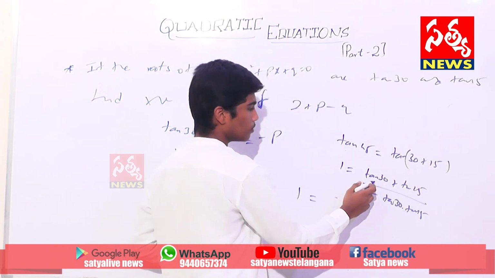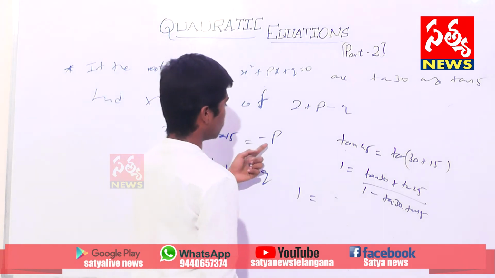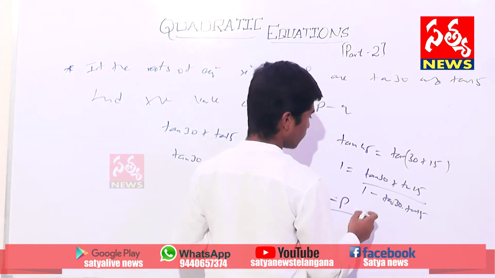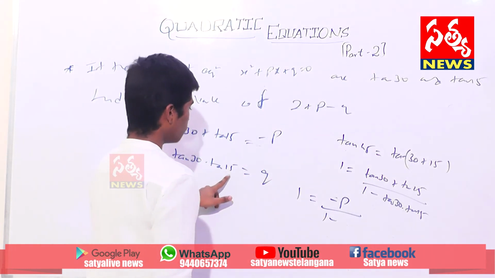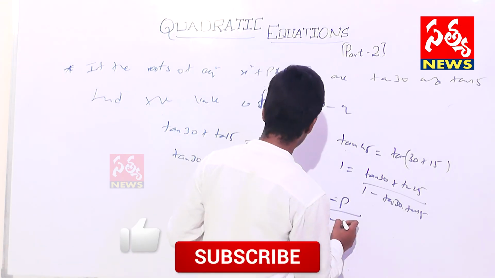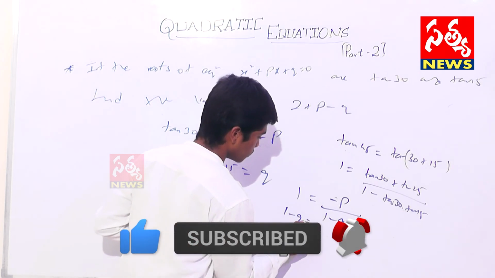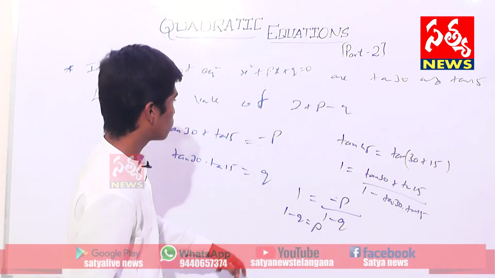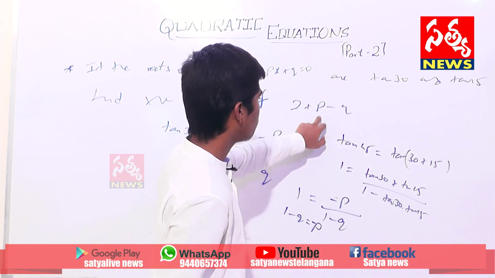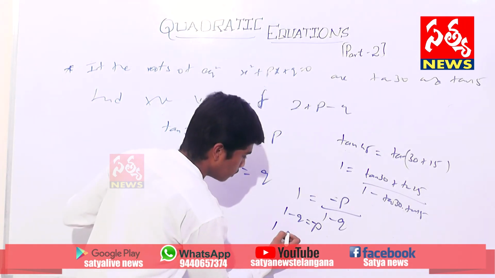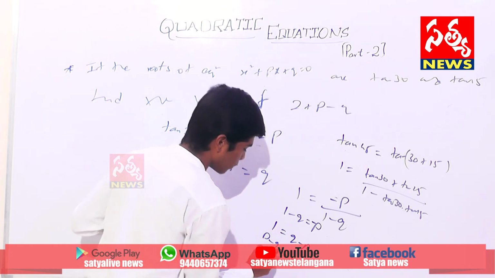Now 1 is equal to (tan 30 plus tan 15), which is minus p, by 1 minus tan 30 into tan 15, which is q. Multiplying here we get 1 minus q is equal to minus p. So 1 is equal to q minus p, and p minus q is equal to minus 1.